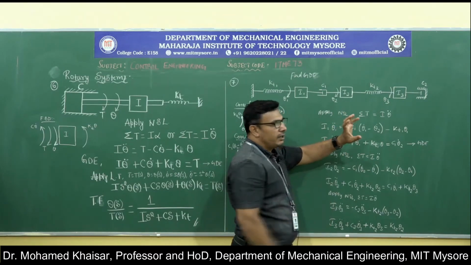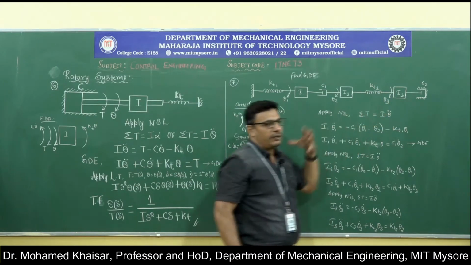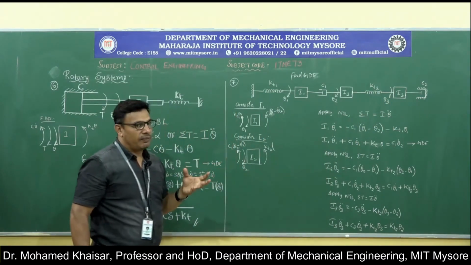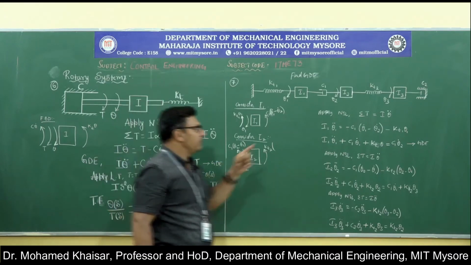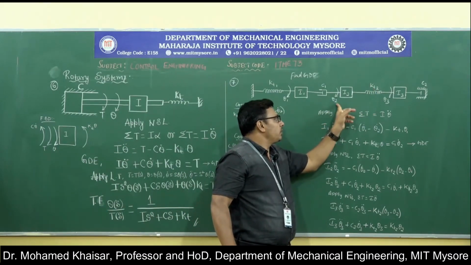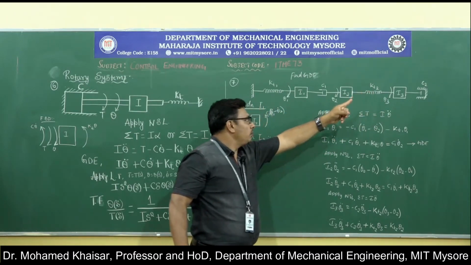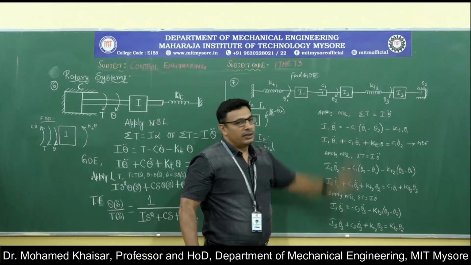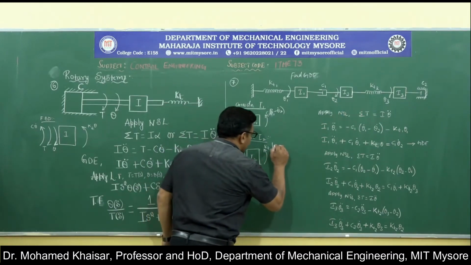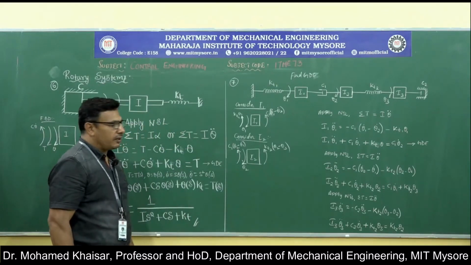Again, it will be rotated back by a magnitude of KT2 into theta 3. So, therefore, the effective resisting component offered by this spring will be equal to KT2 theta 2 minus KT2 theta 3, that is KT2 into theta 2 minus theta 3. This will be the resistance offered.